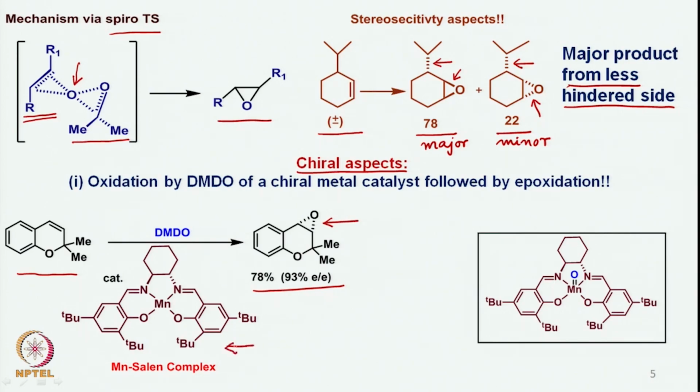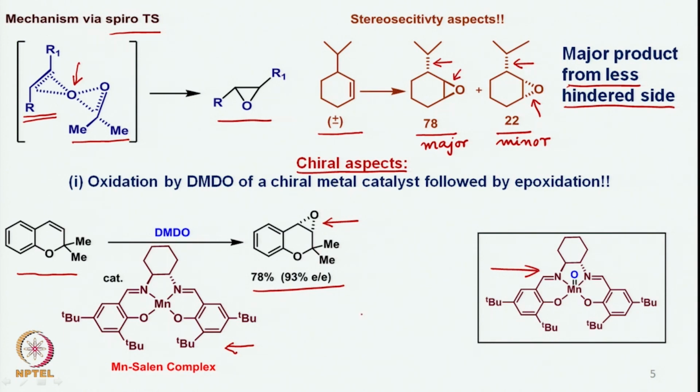This manganese salen complex was reacted with DMDO to form this reagent in the reaction. That means if we begin with this manganese salen complex and react it with DMDO, it forms the corresponding manganese oxygen double bond based reagent, which then transfers the oxygen to the olefin to form this particular epoxide.